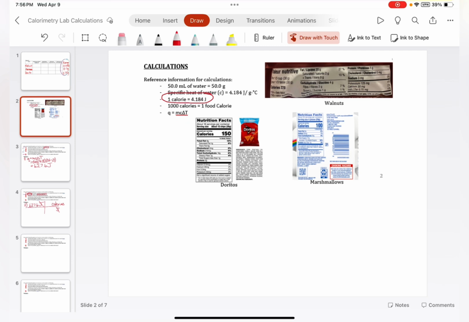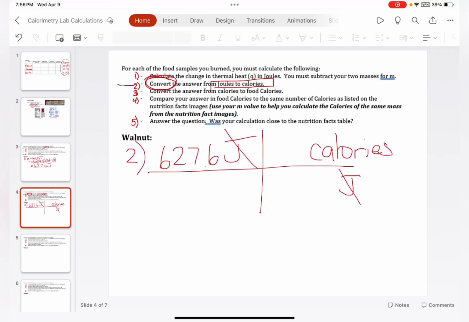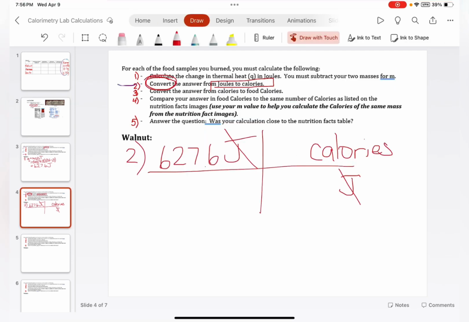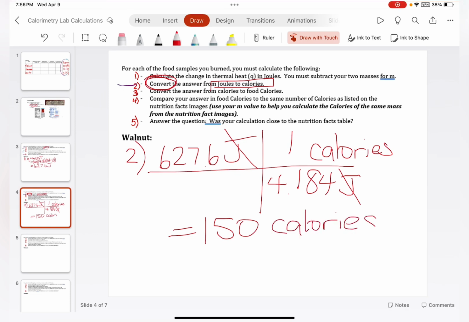So let's go back to that slide and we're going to put that in. So 1 chemical calorie is equivalent to 4.184 joules. And this is a division. So once you do that on your calculator, you get 150 calories, lowercase c, chemical calories. So now this one's done. Let's go on to the next.